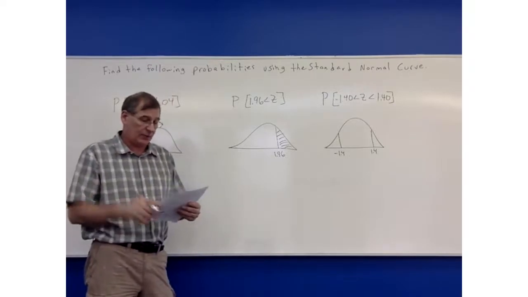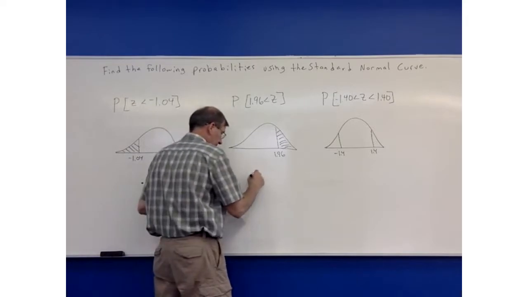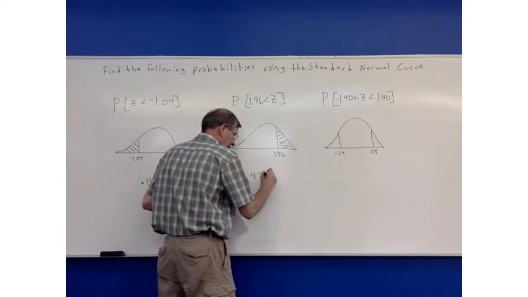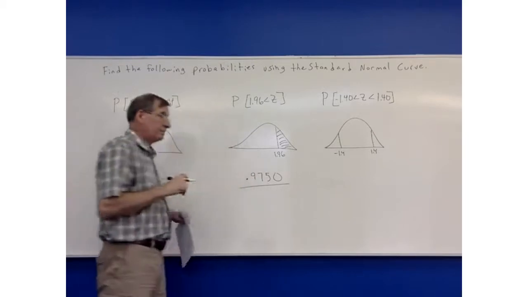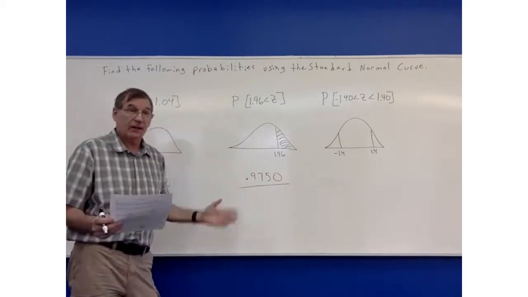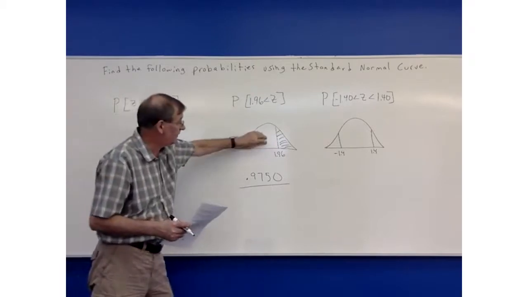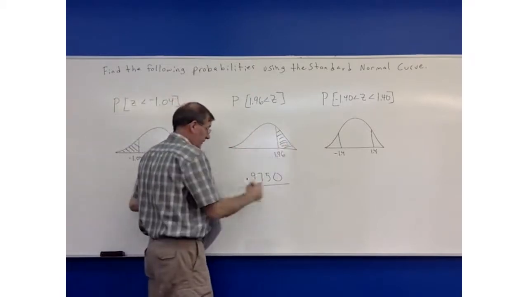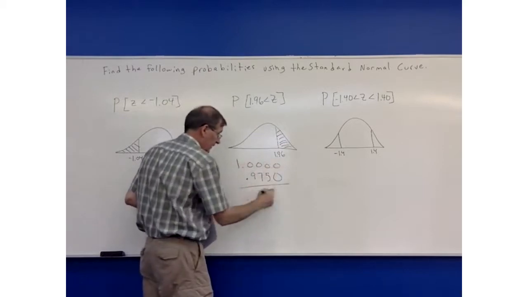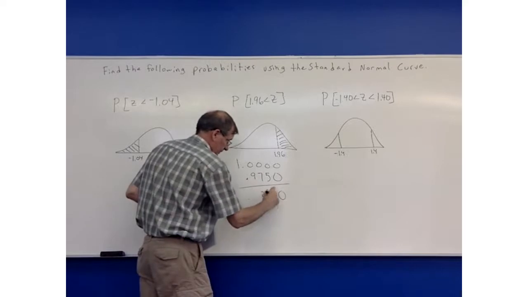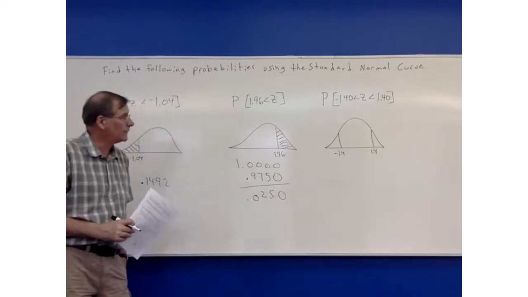So if we look this one up, we get 0.9750. That gives us what area? The area to the left. That table always gives us the area to the left. So how do we find the black area? You subtract from 1. And this is a nice number here, 0.0250. That's a nice number to work with.